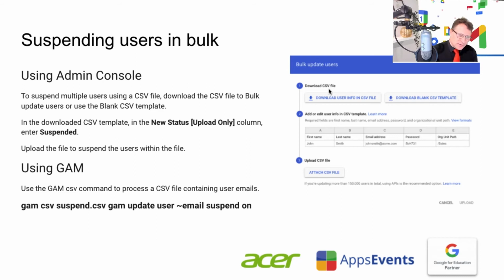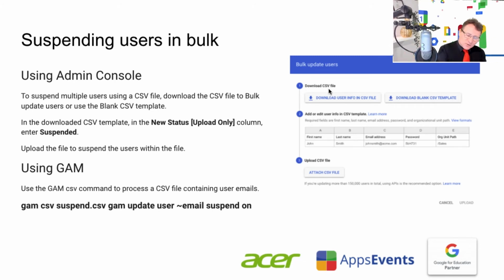To do this, what you can do is download the bulk upload CSV file, the blank CSV file, add your email addresses for your users and their details, and then use the new status upload only column and enter the word suspended.